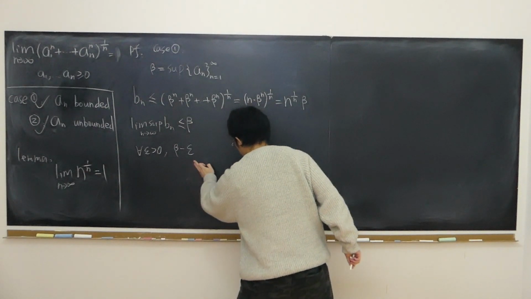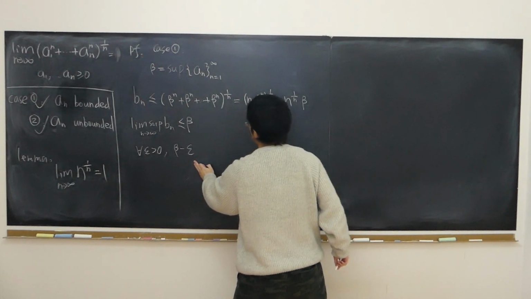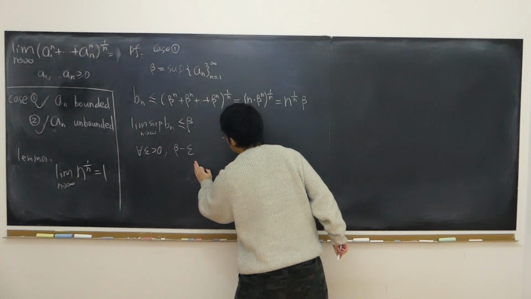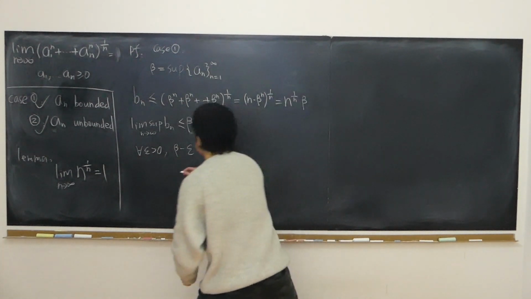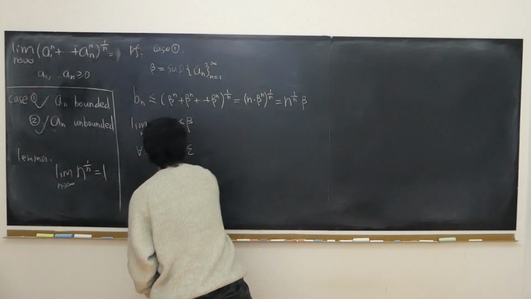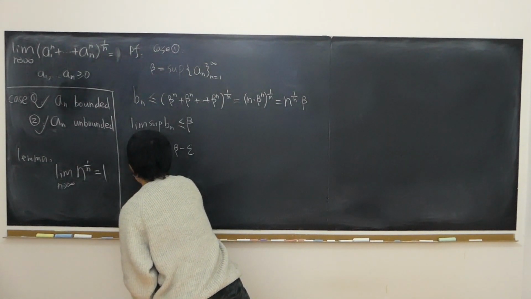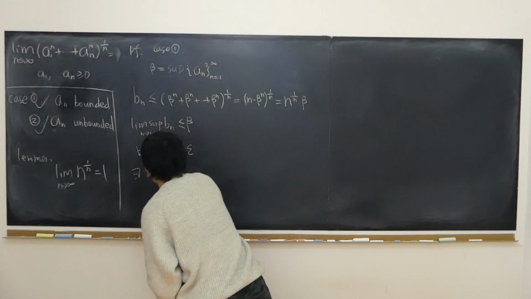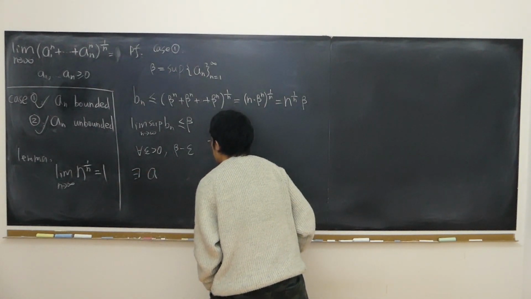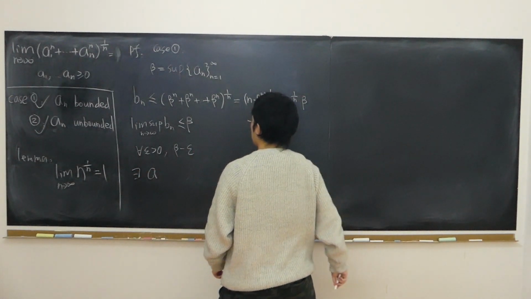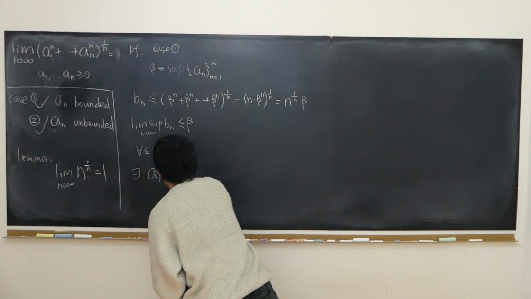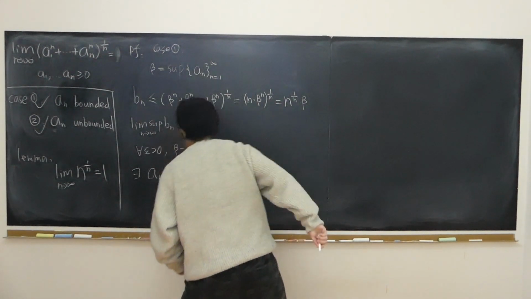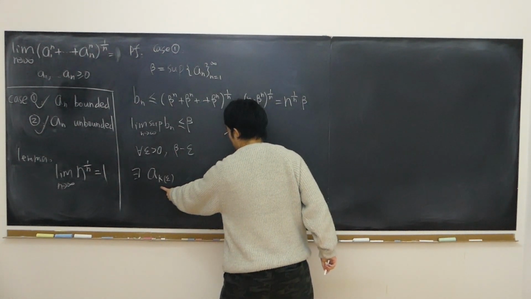That means there has to be at least one term that is larger than this quantity. So there has to exist some term, let's denote it as a sub k of epsilon, because this subscript entirely depends on the value of epsilon.